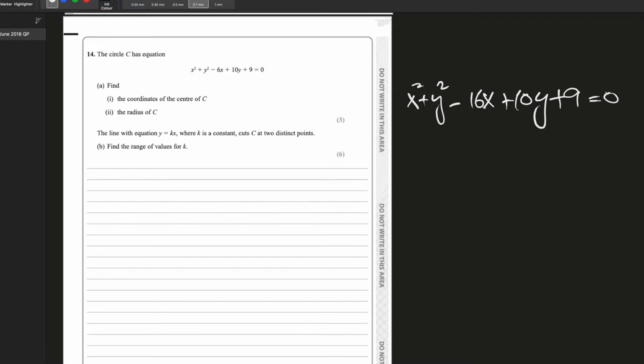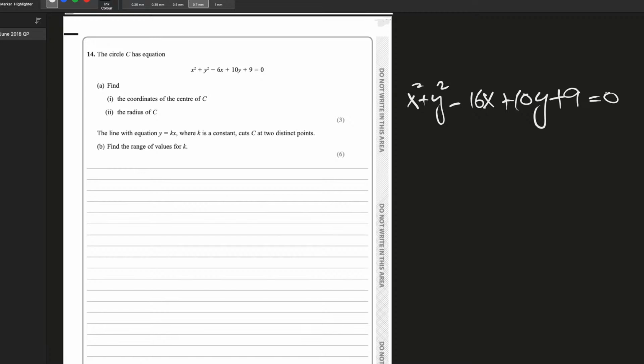Find the coordinates of the center C, that is I, and the radius of C, that is II. So we have two questions to answer for part A. So let's consider that one first.